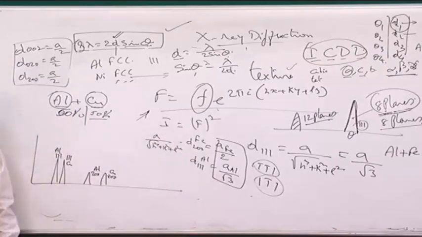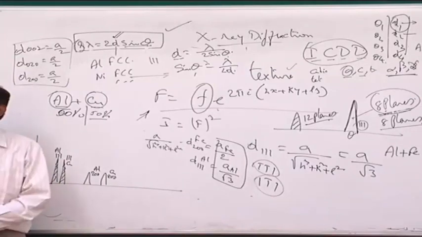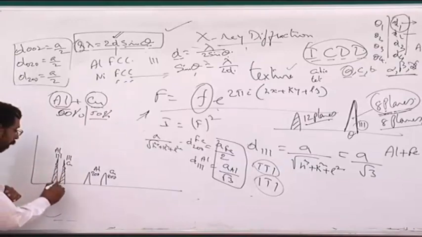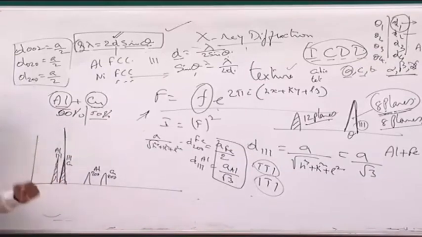Now because I have mixed 50-50, I should expect that the peak intensity of aluminum and the peak intensity of copper should be equal. I have equal proportions of both, my X-ray is falling on both, so I should get both as equal. You do not see this. You actually see that the copper peak is much bigger than this.